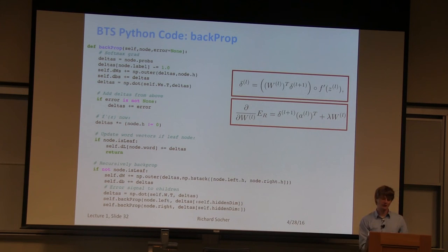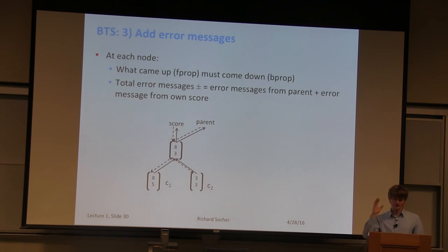Oh, great question. How do you know the tree structure? Backpropagation through structure always assumes you have a tree. In most cases, and in the case of your problem set 3, you will be given a parsed tree. We take the Stanford parser, which happens to be one of the best parsers in the world, and it gives us the tree structure for every sentence.